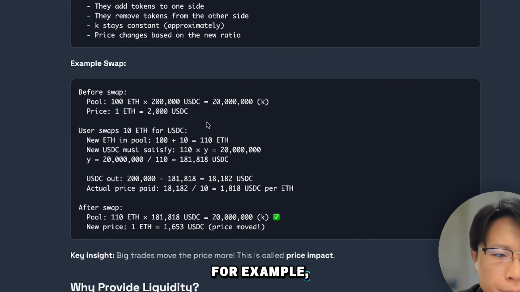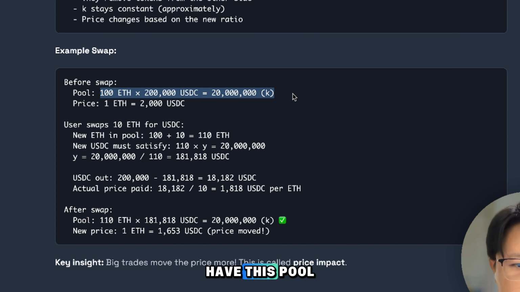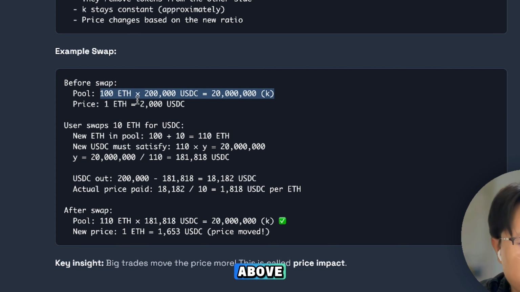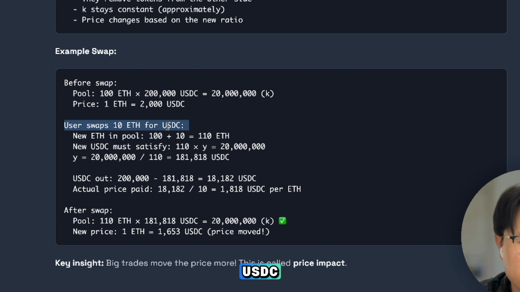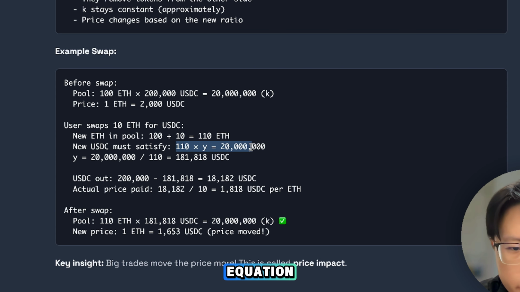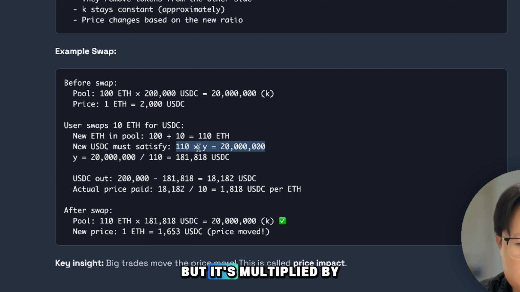For example, before the swap we have this pool, and the price is 1 ETH equals 2000 USDC. A user swaps 10 ETH for USDC. So we get a new amount of ETH on one side of the pool, which is 110, and the new amounts must satisfy the equation x multiplied by y equals k.